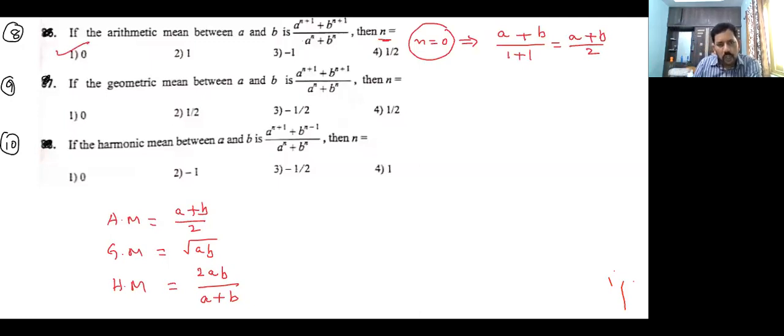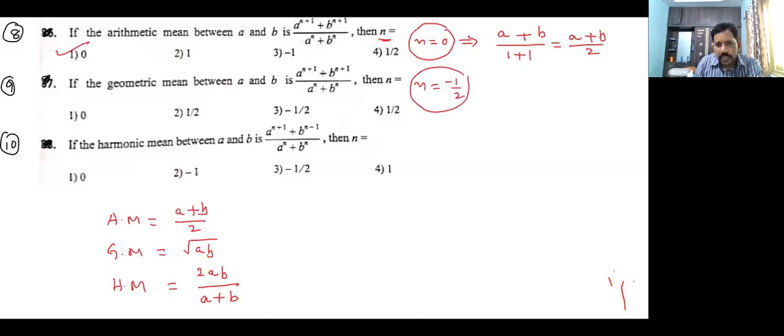Now go for 9th question. Geometric mean between A and B. If you have taken 0, you will get arithmetic mean. 3 problems are same, but n values are different. So I am going to verify that n is equal to minus 1 by 2.